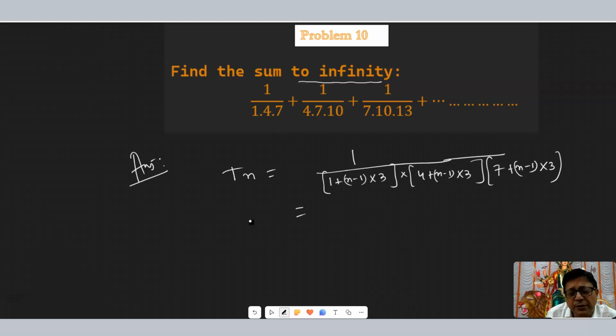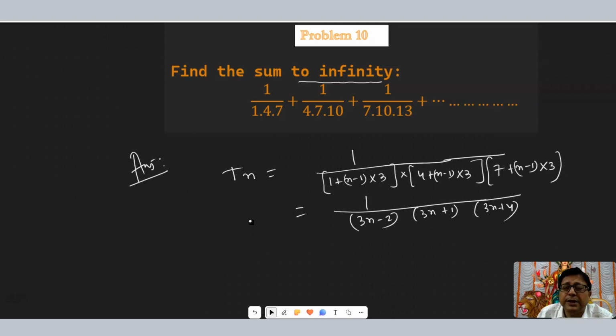Just let me show you the application of that infinity concept here. That is 3n minus 2, 3n plus 1 and 3n plus 4. Alright, Tn equal to this thing. So let us modify the nth term here.